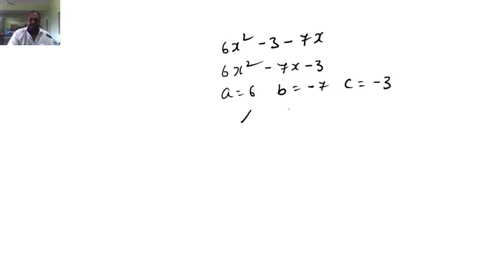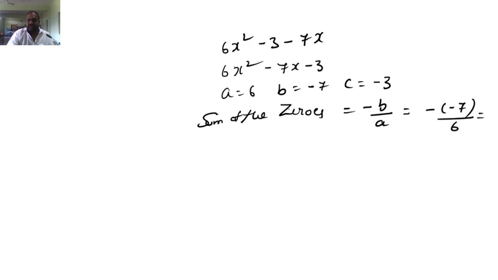Sum of the zeros, minus b by a, minus of minus 7 by 6, plus 7 by 6.